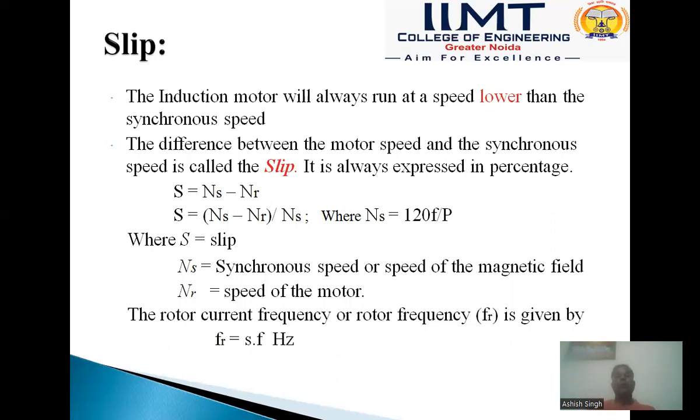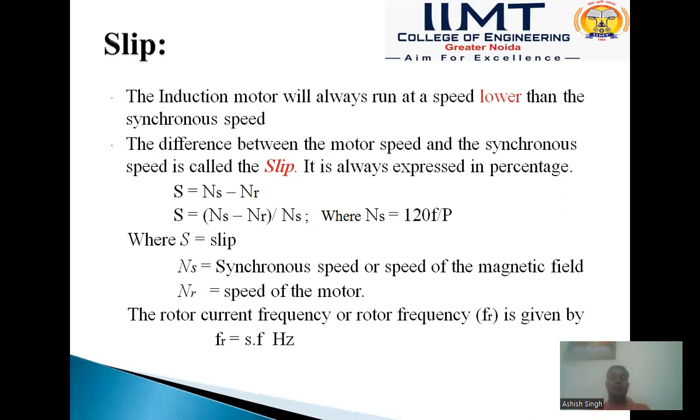In percentage, slip is always represented relative to synchronous speed. So the final formula for slip is (Ns minus Nr) upon Ns, where Ns is the synchronous speed or speed of the magnetic field and Nr is the speed of the rotor or speed of the motor.